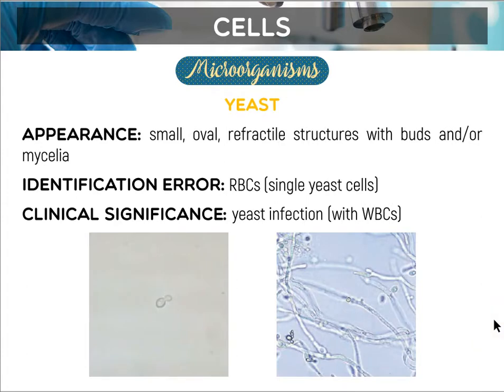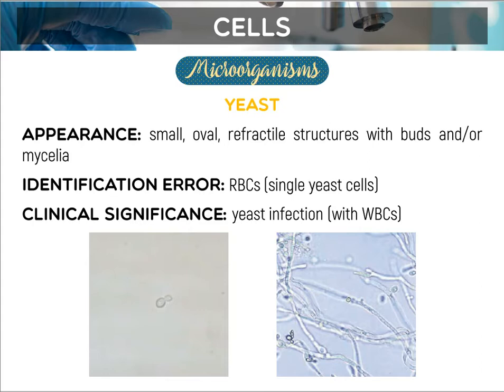Next, we have your yeast. So, its appearance is small, oval, refractile structures with buds and or mycelia. As you can see here, this is its mycelia, these strands. As you can see here, it really looks like an RBC if it does not show budding, okay? So, of course, its clinical significance is yeast infection.